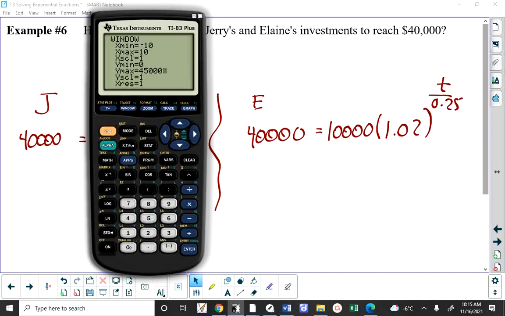You know what you could do at this point in order to see what kind of domain you should be considering is you could set up your table to start at 0 and go up by 1. This will allow you to track her investment in the table. Well, it's going to be somewhere between 17 and 18 years.